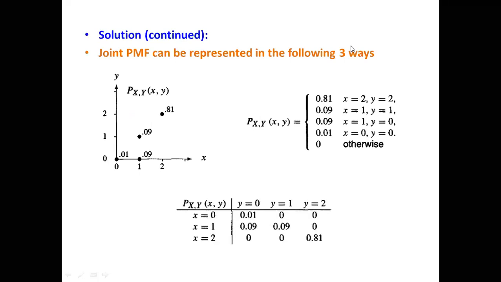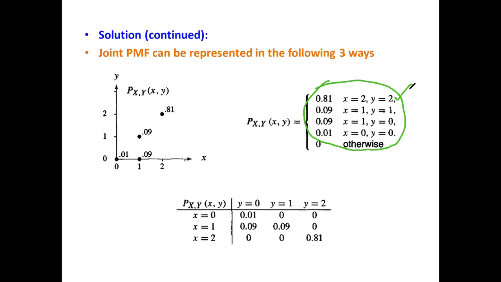In this case, we had 4 different points, and example 4.2 is telling we have to find the probability of that event where X and Y are equal. So out of these 4 probabilities, in which case are X and Y equal?